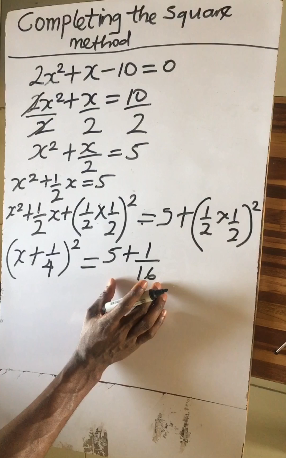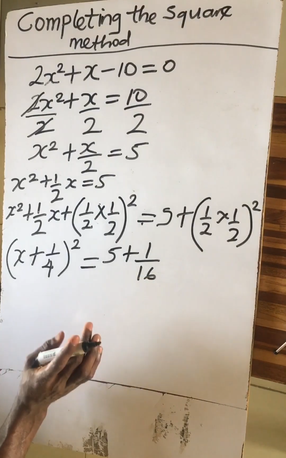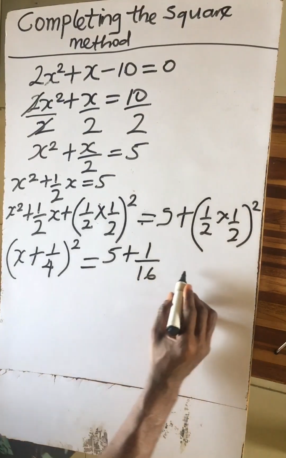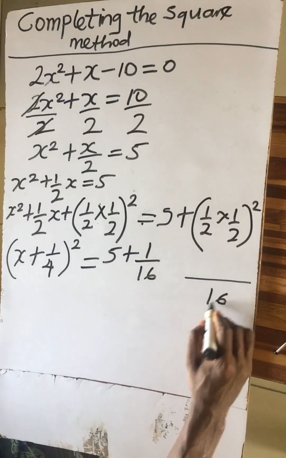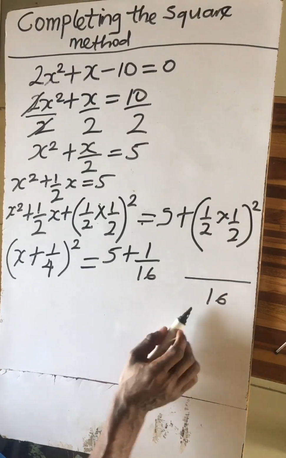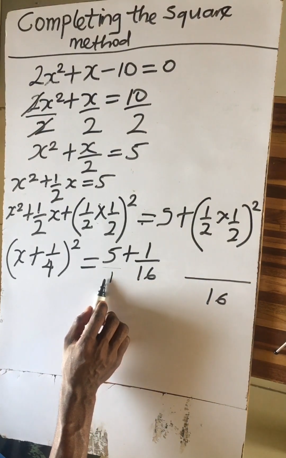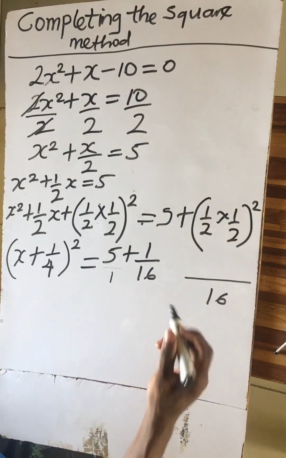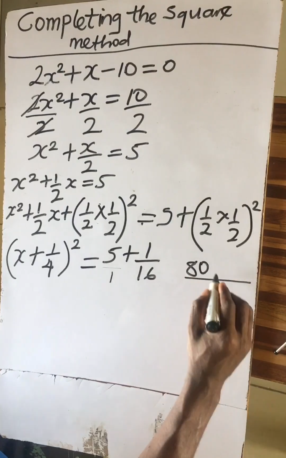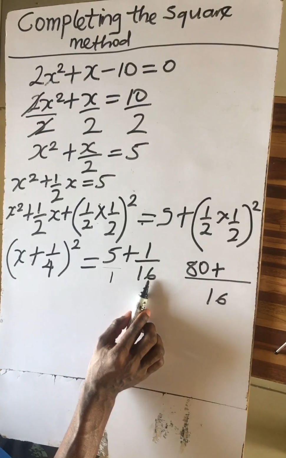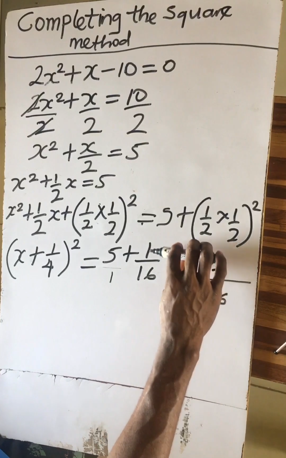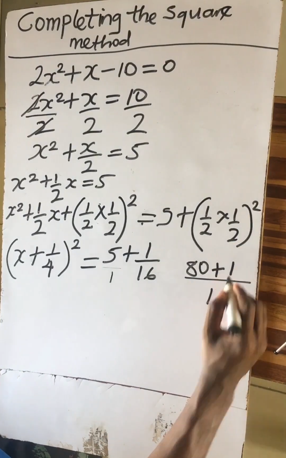We have a fraction already, so we have to solve this: 16 over 1 here. When we have 16 in 1, we have 16 multiplied by 5, we have 80, plus, when we have 16 in 16, we have 1 multiplied by 1, we have 1.